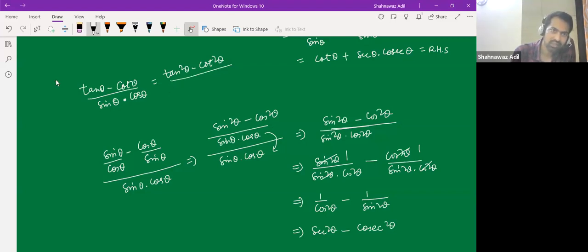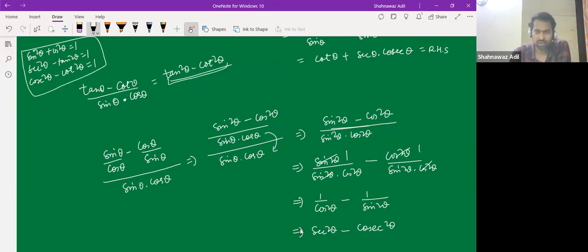So what are the things that we do? We know that this is 1, this is 1. So in the right hand side, you have tan and cot. So what we can do in here, Shaima?